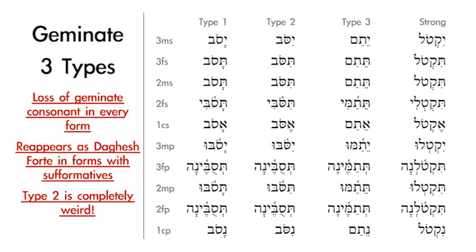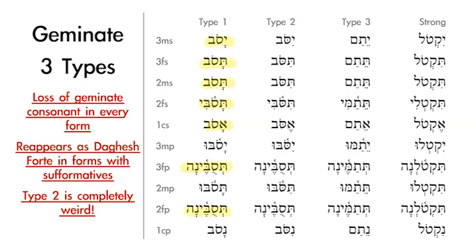We're going to focus on the type 1 geminate verb because that is the most common type. Let's say a few of these forms together. Yasov, tasov, tasov, tasobi, asov. In the type 1 geminate category, you'll see a qamets preformative vowel in every form except the 3FP and 2FP, where it has undergone propretonic reduction.